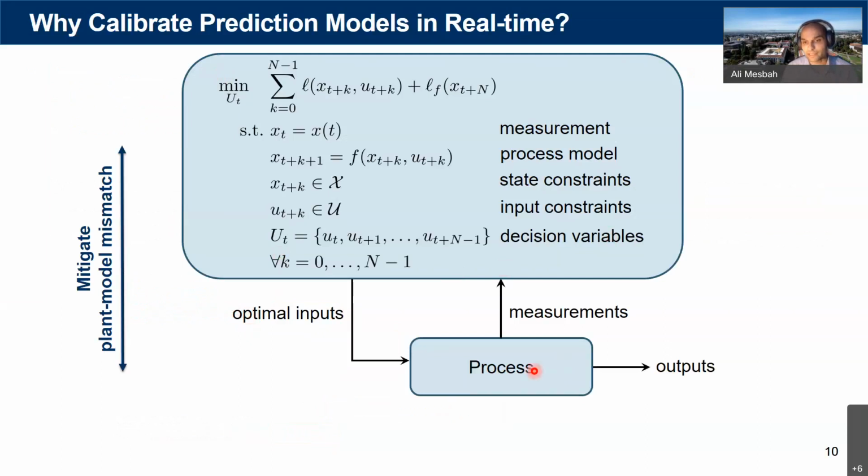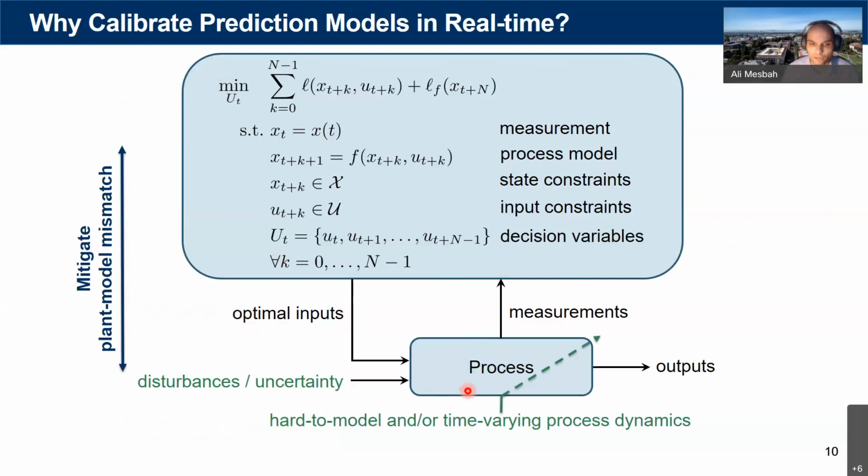And the thing is, the processes that we deal with in real life situations are always subject to disturbances and uncertainties, right? There are exogenous disturbances, there are unaccounted or unmeasured disturbances that have not been taken into account in this model.